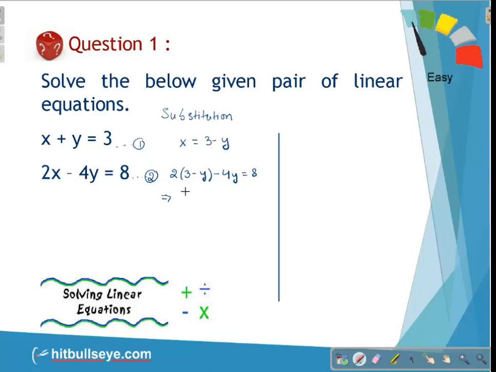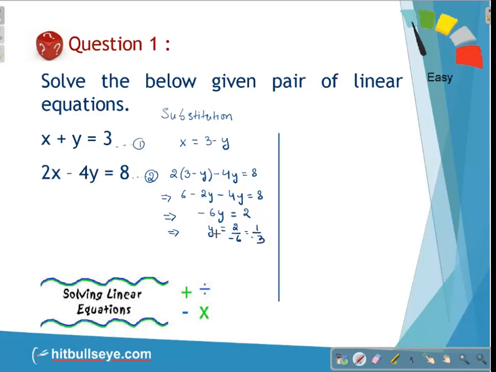Solving it further, we get 6 minus 2y minus 4y is equal to 8, and it becomes 6 minus 6y is equal to 8. Then 8 minus 6 is 2, and we get the value of y as 2 by minus 6, which is 1 upon minus 3.